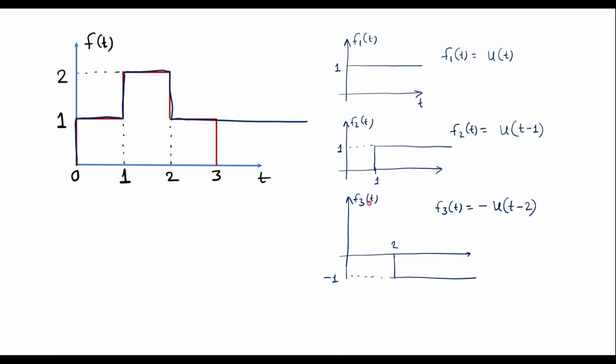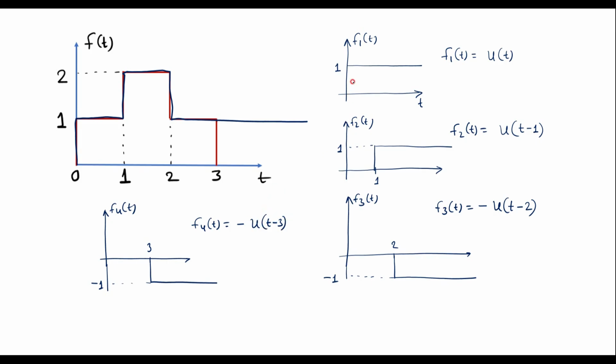Let that be my f4 of t, at t equal to 3. We should add one negative step signal. Its magnitude is minus 1. That is, plus 1 minus 1 will become 0. So I can write f4 of t is equal to minus u of t minus 3.